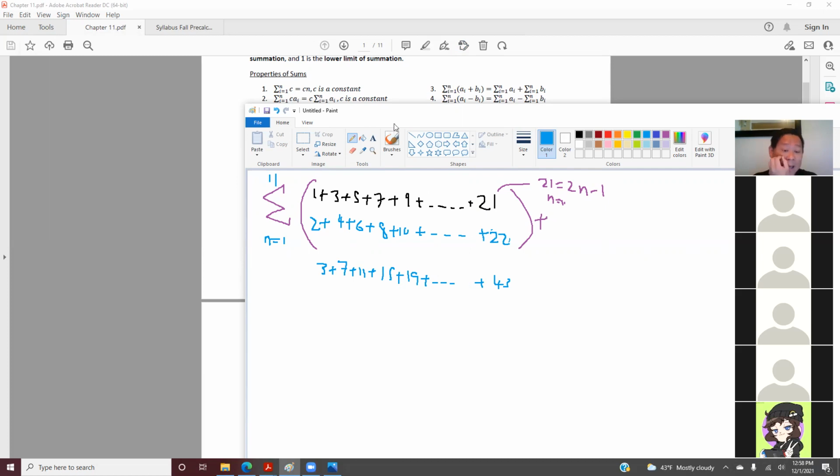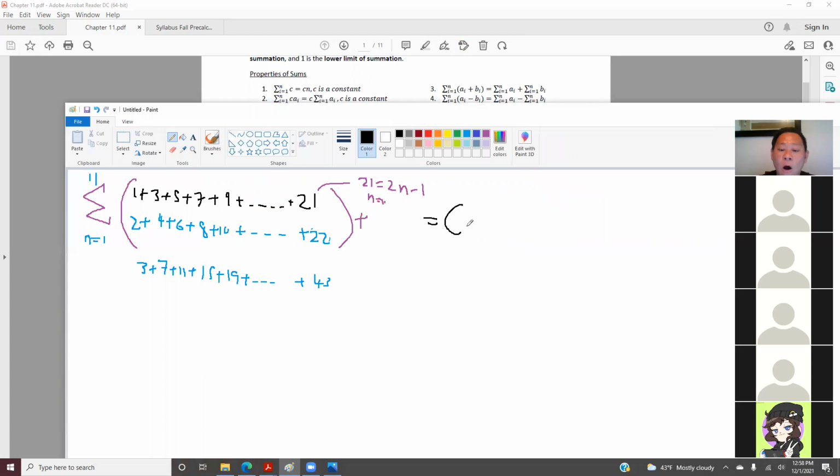So this question is saying that you can add all this up first, or you can separate this into two. That means you add the odd ones first, and you add the even ones next. So this is the meaning of the third summation property: if you want to add two sequences, you can add them together first, then add everything after that, or you can sum each sequence first and then add the totals.